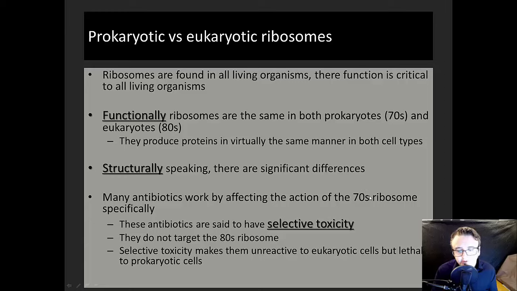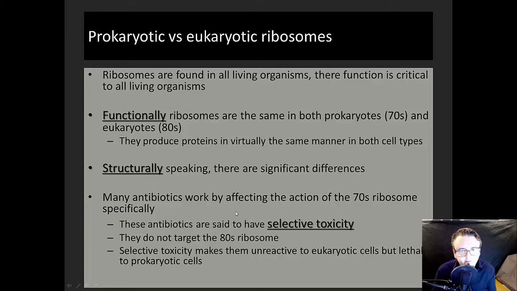There are drugs that specifically target the 70S ribosome and not the 80S ribosome. And because the 70S is only found in bacteria, that drug becomes selectively toxic to bacteria and not the eukaryotic organisms, people and animals that are host to these bacteria.